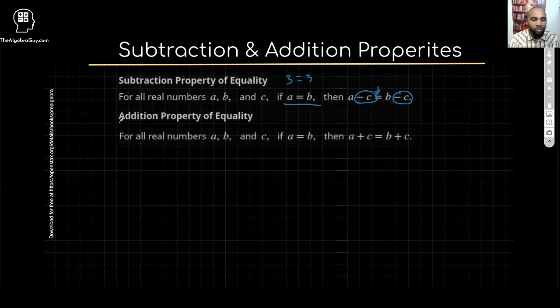And the addition property says the same thing with addition. So if you have these two be equal, let's say these are 4 and 4, it doesn't matter what numbers, so you have A and B, right? But if you add the same thing on both sides, the equation is still going to be equal. So that information allows us to simplify or solve an equation. So that's what we'll do here moving forward.